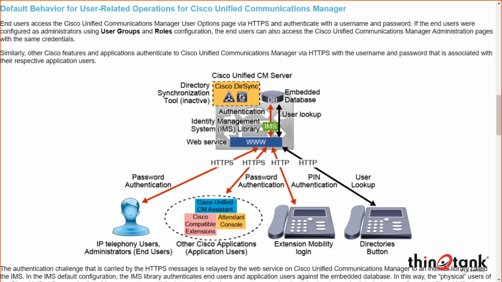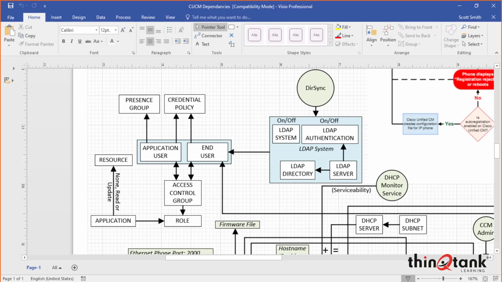If they're given the appropriate permissions, right? When we look at user configurations, whether it's an end user or an application user, we assign those users to an access control group. The access control group references a role, and then we have different applications that get assigned to that role, and then within that application you can access resources.